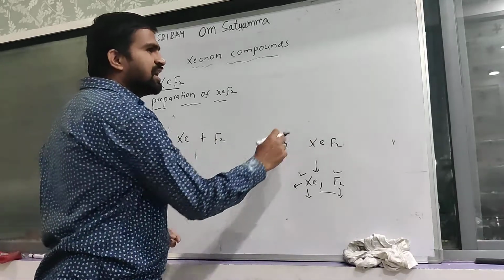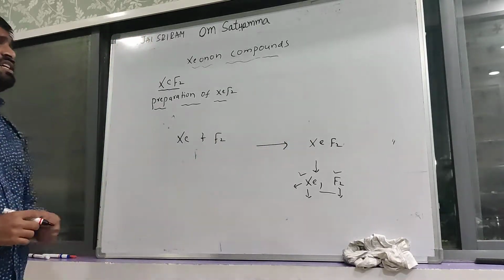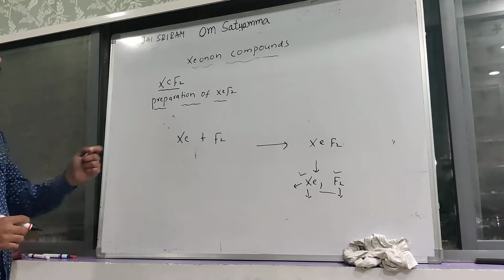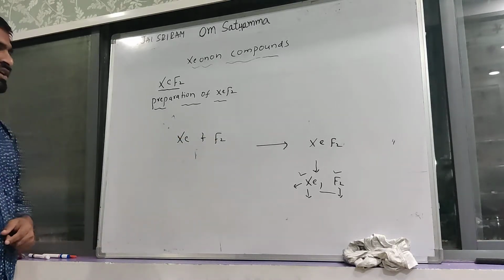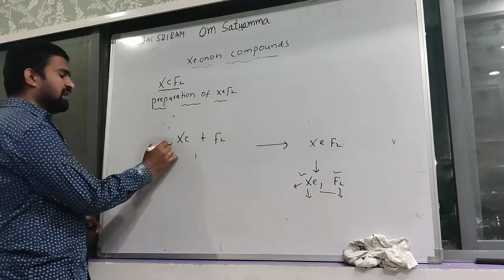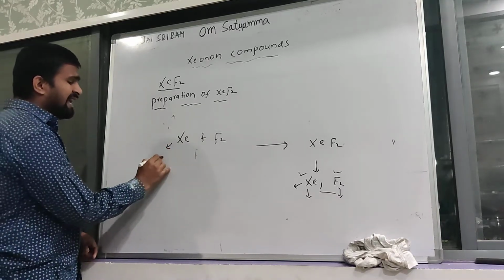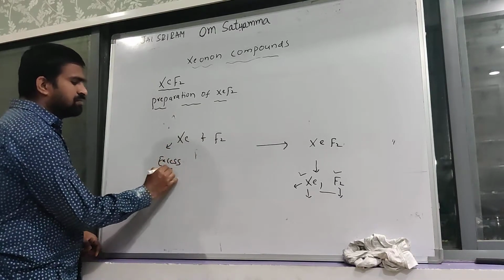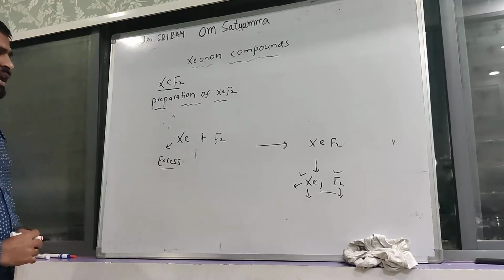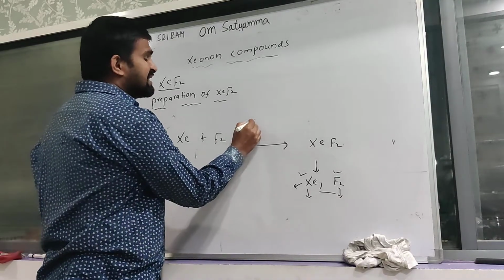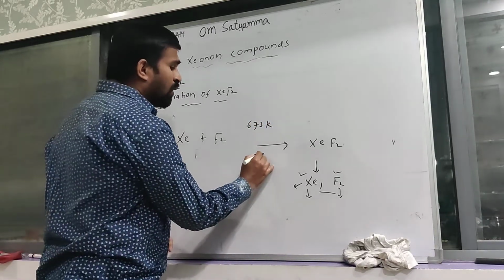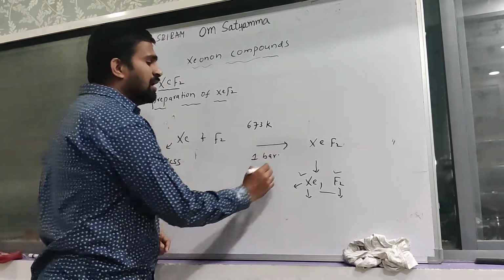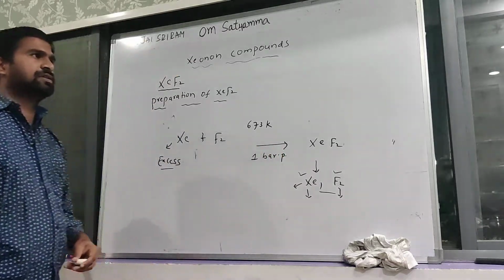It gives xenon difluoride. Which conditions are applicable here for the preparation? Here the very important condition is excess of xenon, a temperature of 673 Kelvin, and 1 bar pressure.